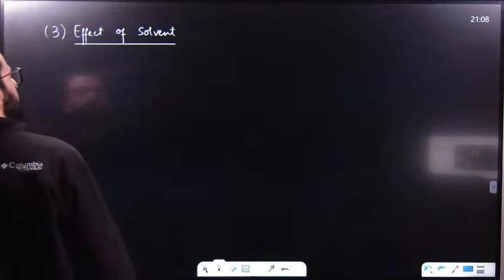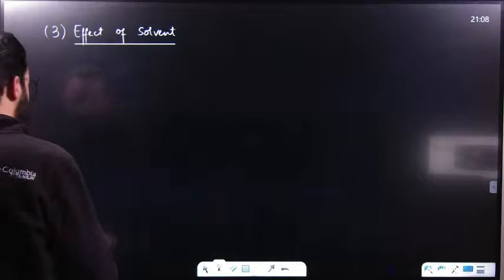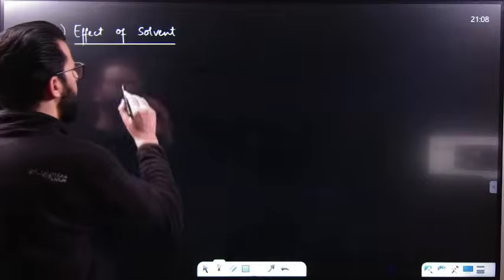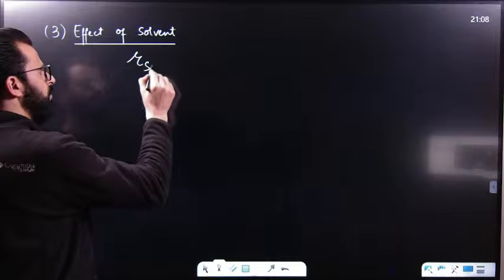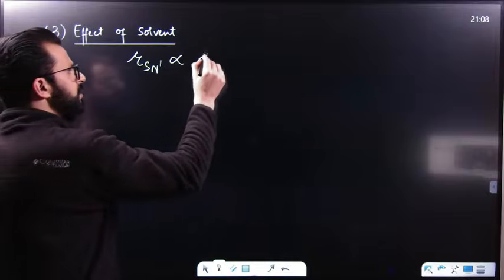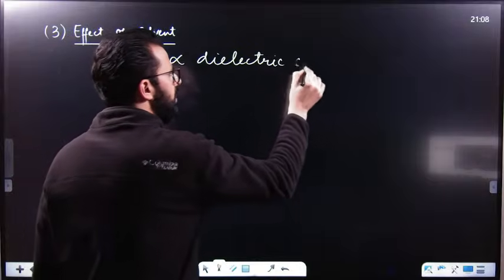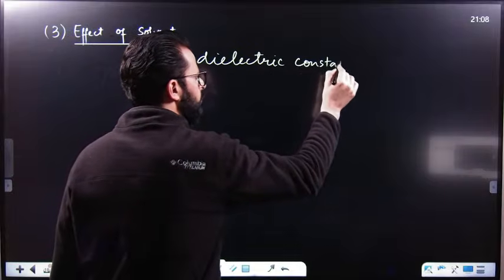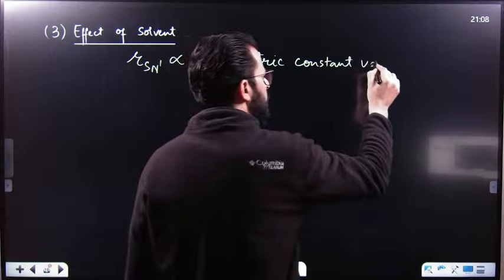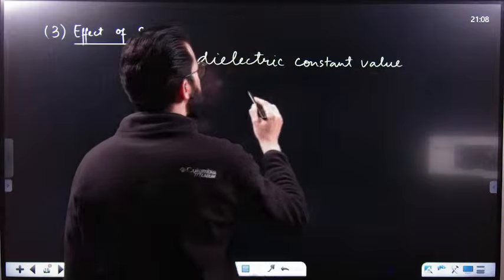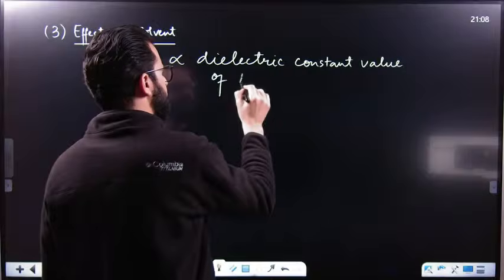Now, another factor is the effect of solvent. Remember, rate of SN1 is directly proportional to the dielectric constant value of the solvent. Why is it so?